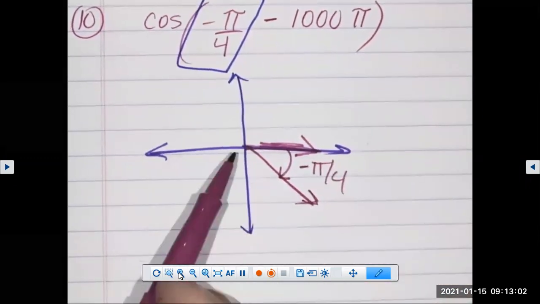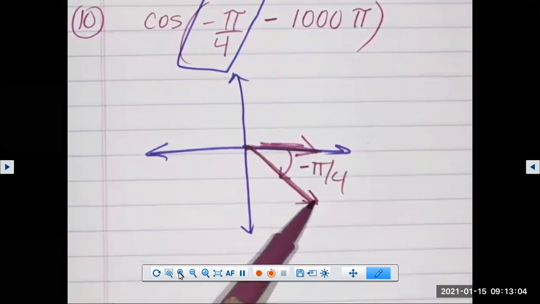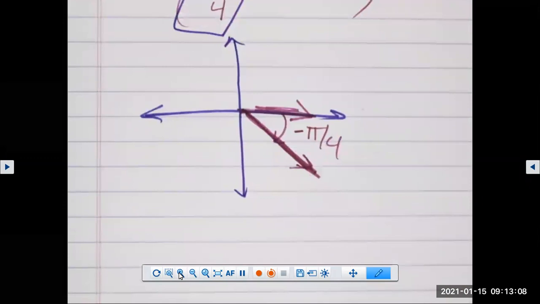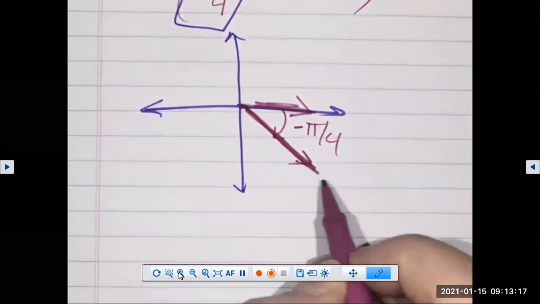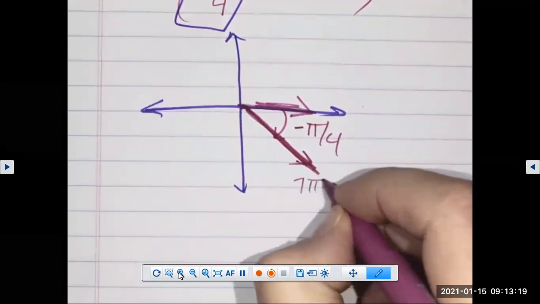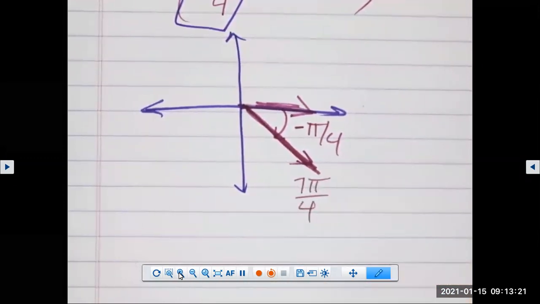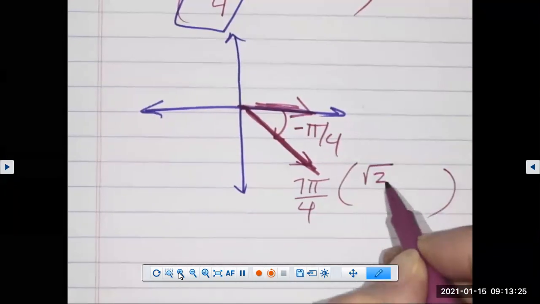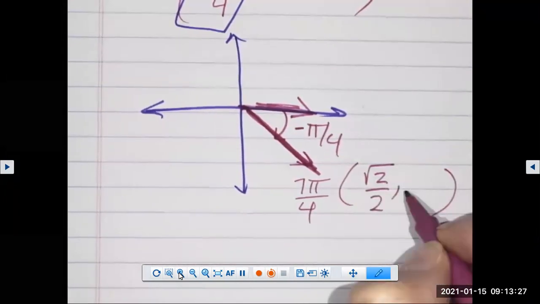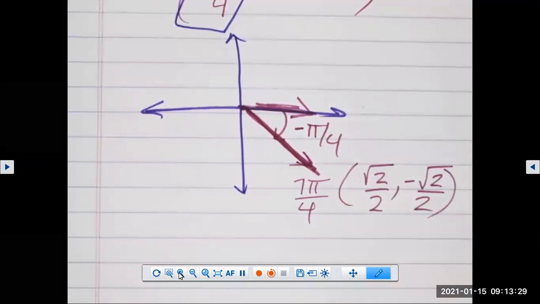Tell me what angle on the unit circle is associated with that? What is the positive angle that's there? Good. So, 7pi/4. So 7pi/4 and -pi/4 are coterminal angles. Your ordered pair is √2/2, -√2/2.